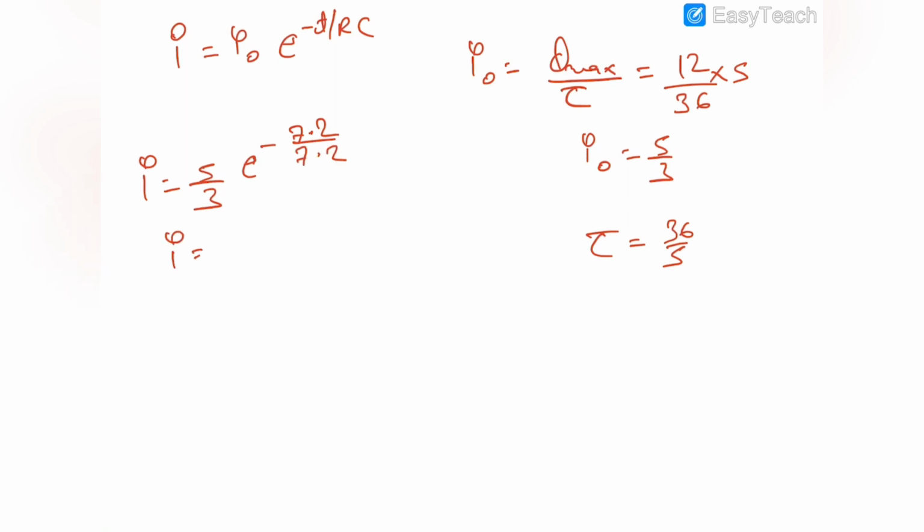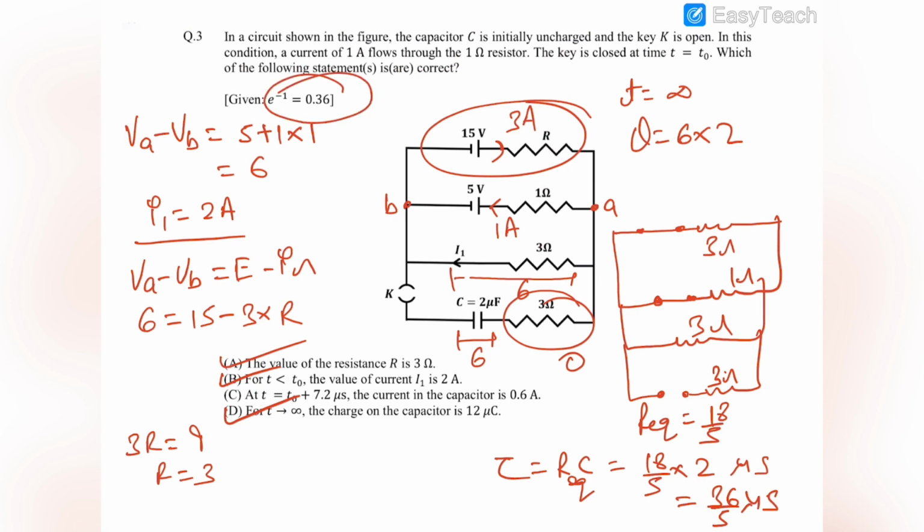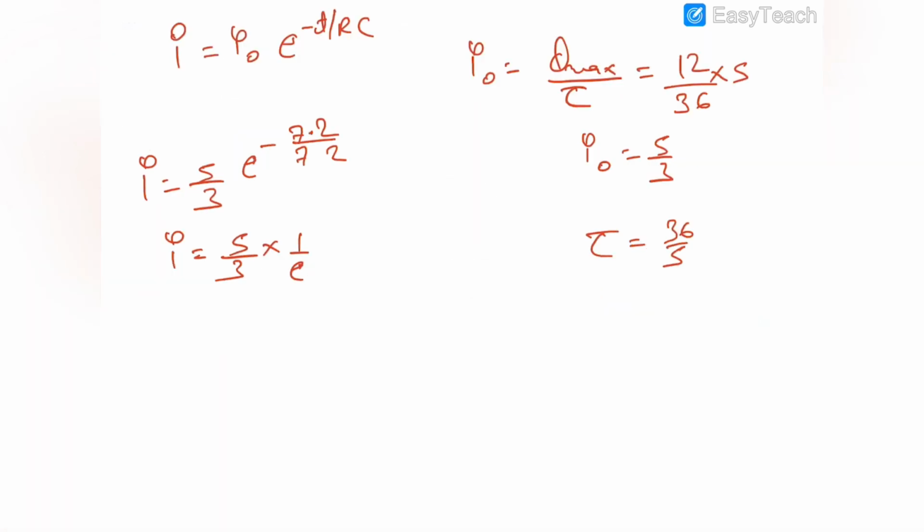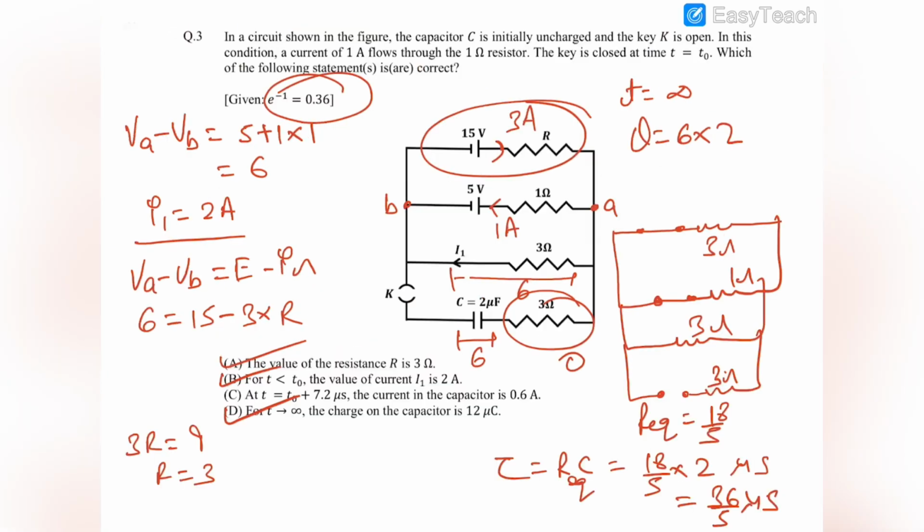So I is equal to 5 by 3 into 1 by E. So we know that E inverse is 0.36. So I would be equal to 5 by 3 into 0.36. So this would be 0.6 ampere. So the current flowing in the capacitor at this time would be 0.6 ampere. So the correct options are A, B, C and D.